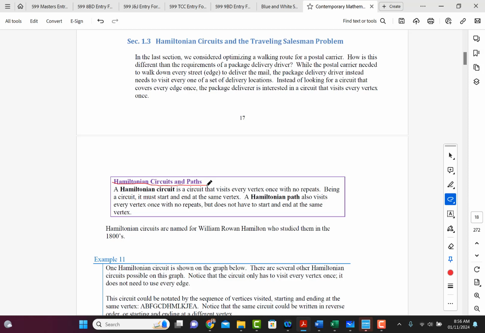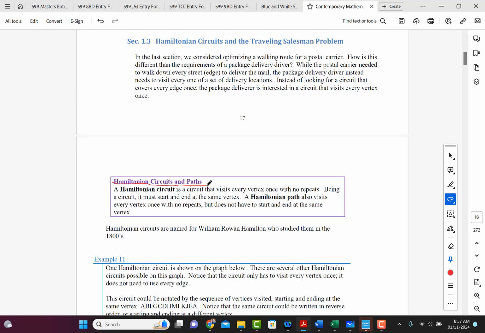Now, being a circuit, it must start and end with the same vertex, obviously. A Hamiltonian path also visits every vertex only once, but remember, the beginning and ending vertex do not have to be the same. Now, Hamiltonian circuits are named after William Rowan Hamilton, who studied them in the 1800s.